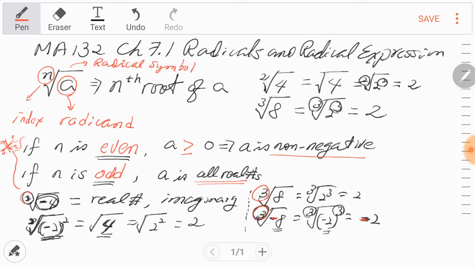If the index is even, make sure the radicand is always positive, so that the result is positive. If the index is even and the radicand is negative, then this is an imaginary number. This is not a real number. So keep in mind this condition.